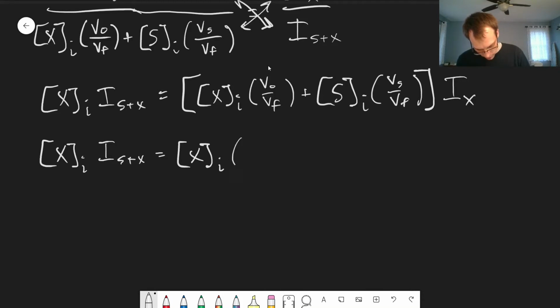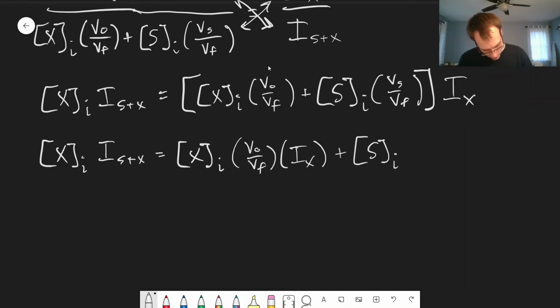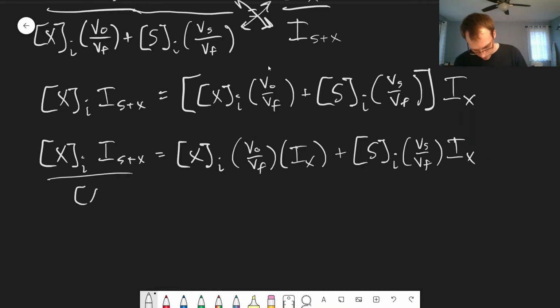So we have xi times v naught over vf times Ix, plus si times vs over vf times Ix. Now we have multiple terms, so we'd like to isolate xi, and we're going to divide by xi on both sides.